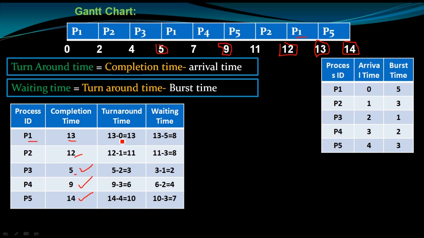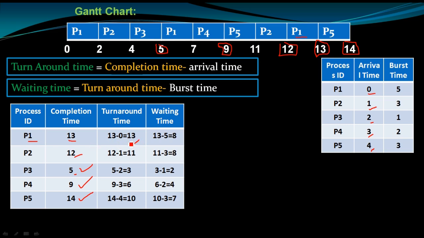The processes arrived at different times: P1 arrived at 0, P2 arrived at 1, P3 arrived at 2, P4 arrived at 3, and P5 arrived at 5. So let us take these values here. 13 minus 0, since the arrival time is 0, equals 13. So the total turnaround time of process P1 is 13.